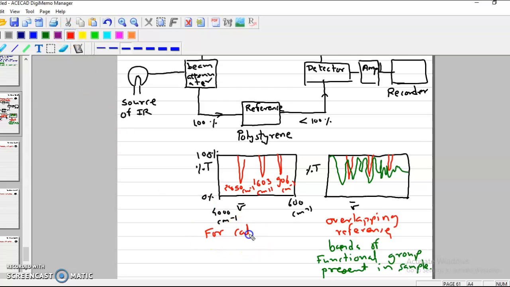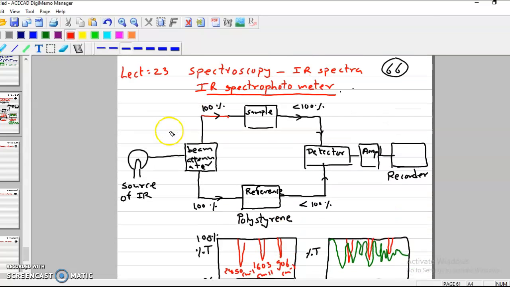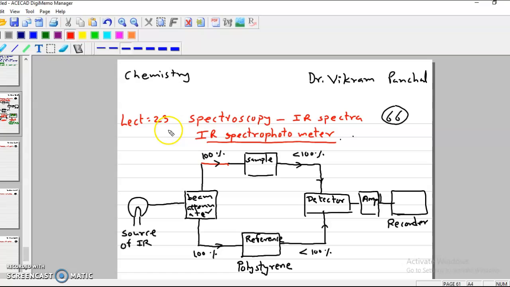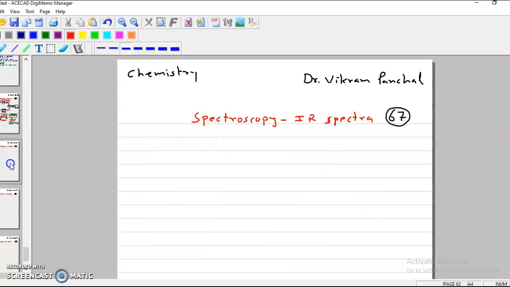So first of all we have to run this instrument for only polystyrene for calibration, and then we can run the sample along with the reference compound, and we can get the pure IR spectra of the unknown compound with accuracy.